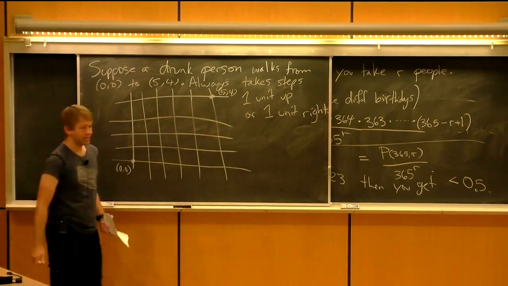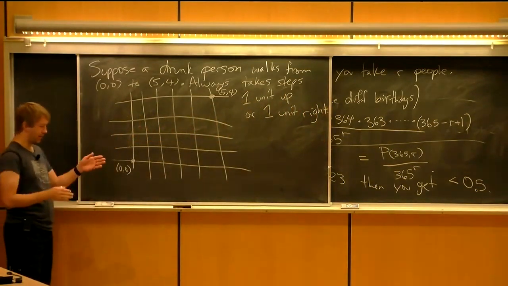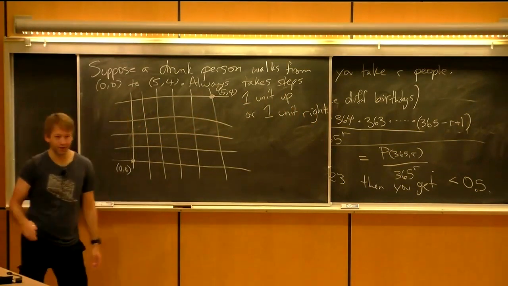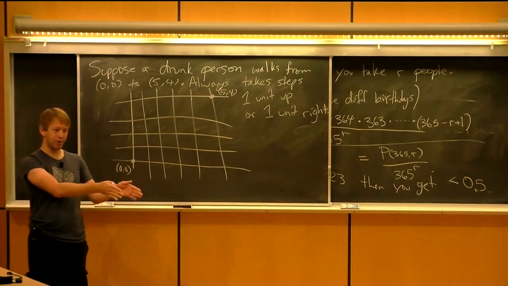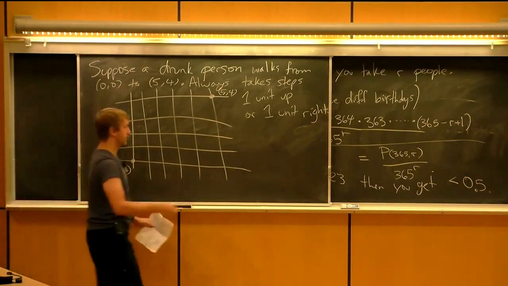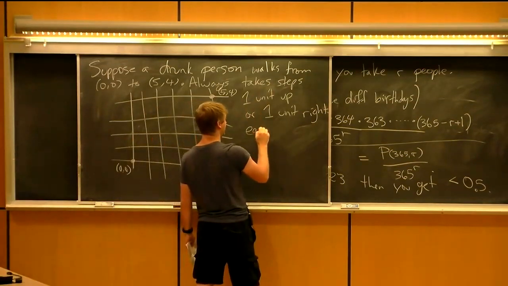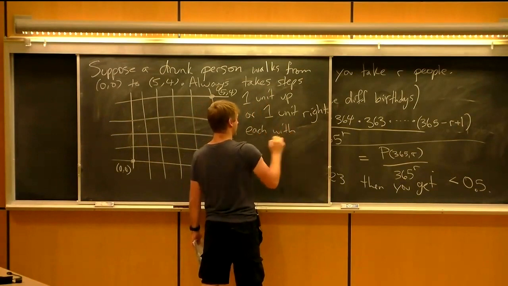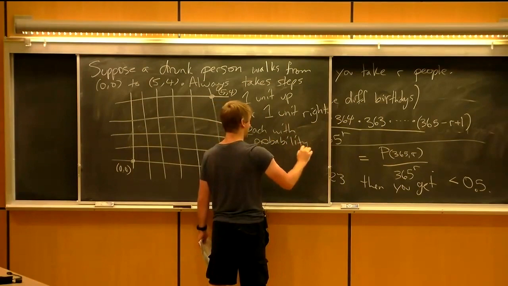Okay? And when I say that they're drunk, what I mean is that every step they randomly either go up or they go to the right. So there's an equal chance at every step that they go up or they go right. They take steps 1 unit up or 1 unit right, each with probability 1/2.